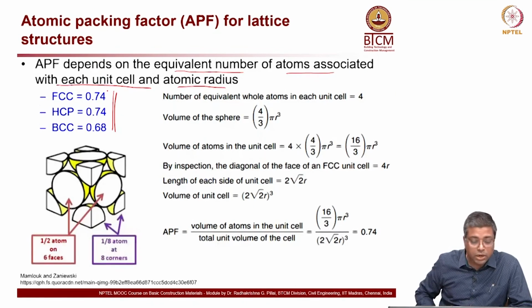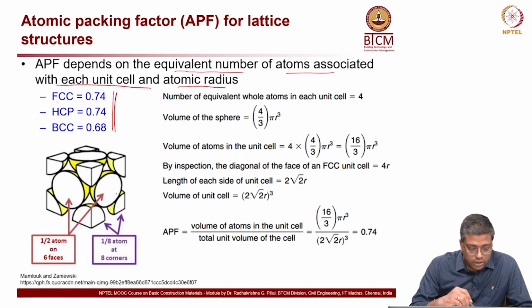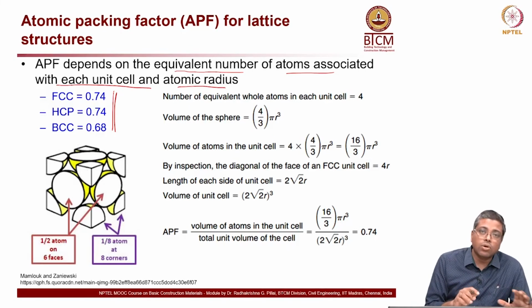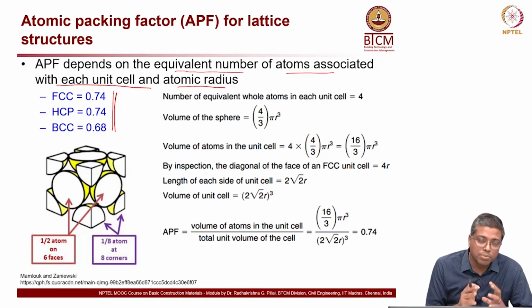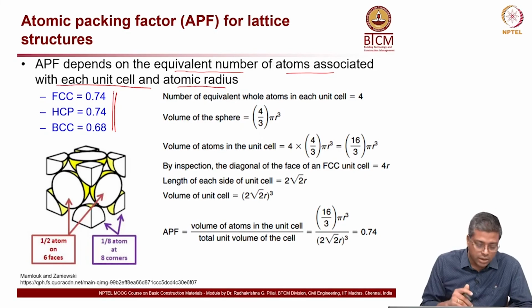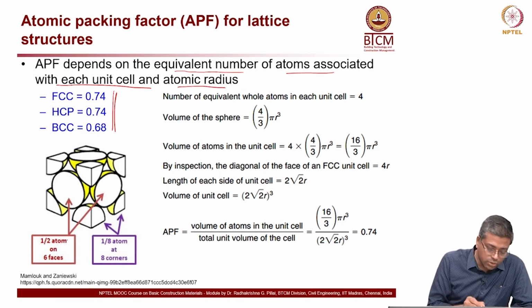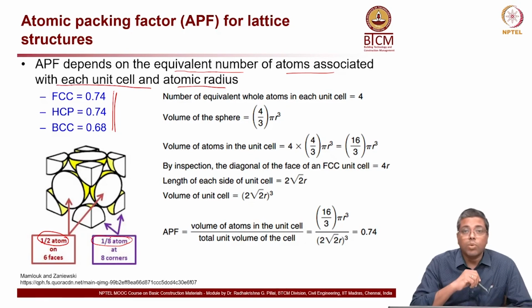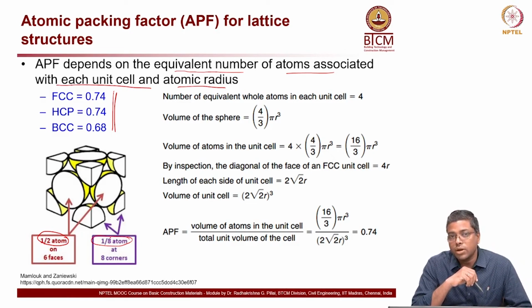Now, here again the picture on the bottom left, you can see that all the atoms are not completely occupied by one unit cell, some of them are also shared by the adjacent unit cell. So, on 6 faces, half of the atoms are shared, and on 8 corners, 1/8 of that particular atom on every corner is shared by the unit cell.